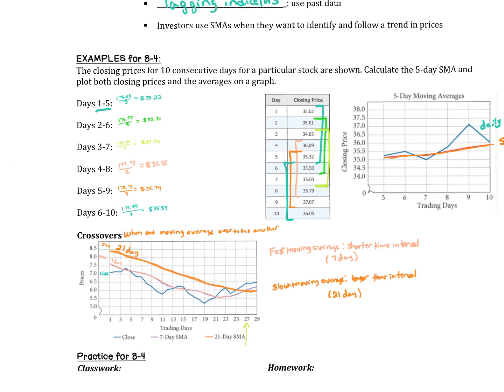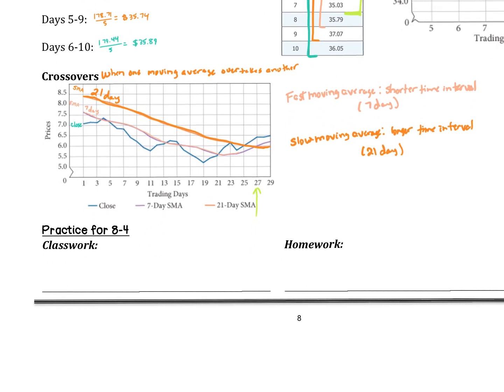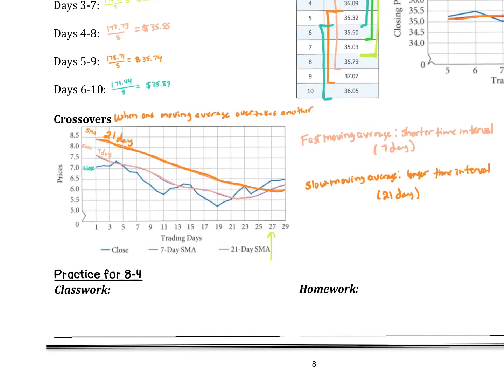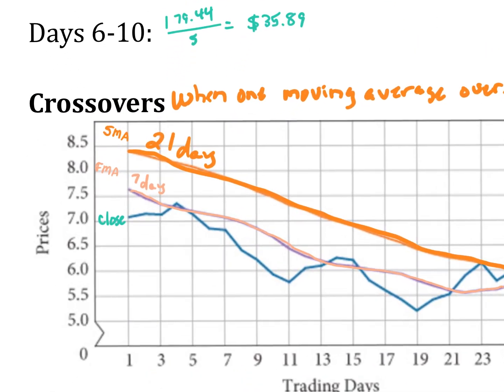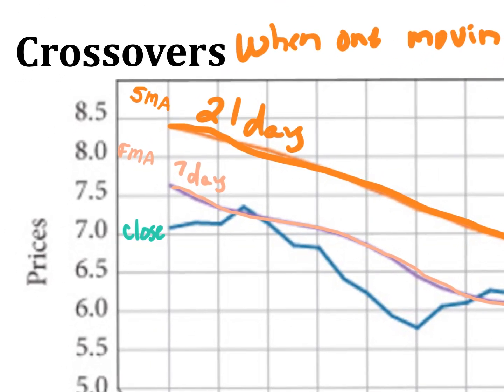Okay, so where this comes in, how they try to use the SMAs, is that they are looking for those crossovers. So they're looking at longer term SMAs and shorter term SMAs. If you notice, I put a little note on this particular graph. You're going to want to make a note on this one too, as to which line is which.